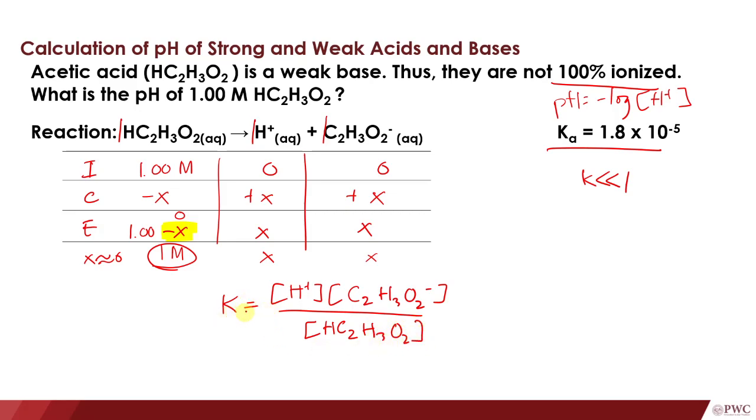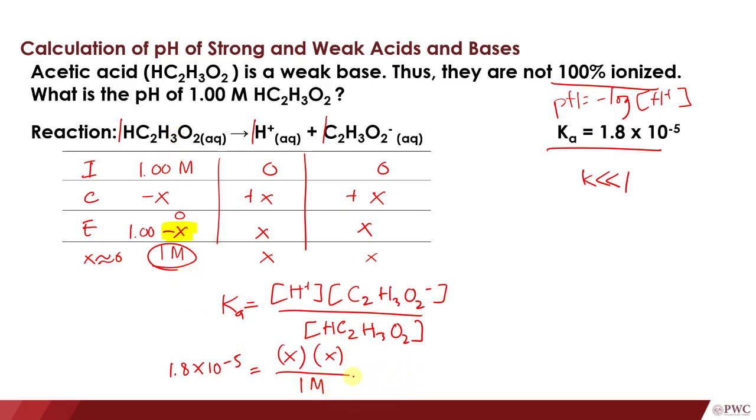This one is an acid, so we put here Ka, and the Ka for this one is given in the problem. That's 1.8 times 10 to the power of negative 5. Then for the concentration of H plus, we have x for now. For the acetate, it's also x for now. And for the concentration of acetic acid, it's 1 molar.